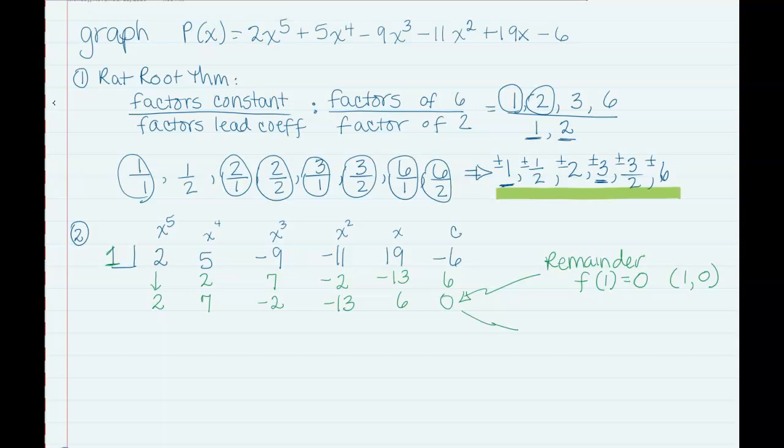The factor theorem says if the remainder is 0, which in our case it is, then that means x minus your number, in our case 1, is a factor of our polynomial. So what does that mean for us?